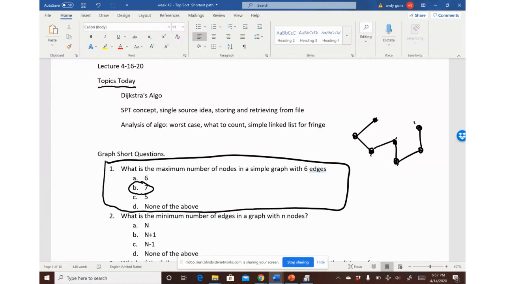If I change this to minimum, what is the minimum number of nodes with 6 edges? Let's just type it into the chat. I want 6 edges, but the minimum number of nodes.